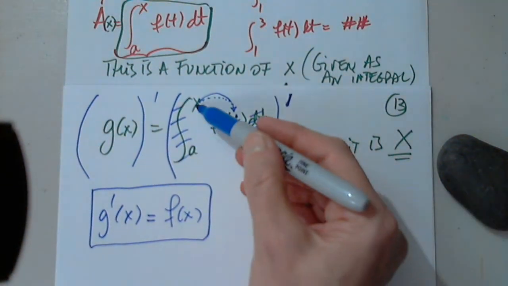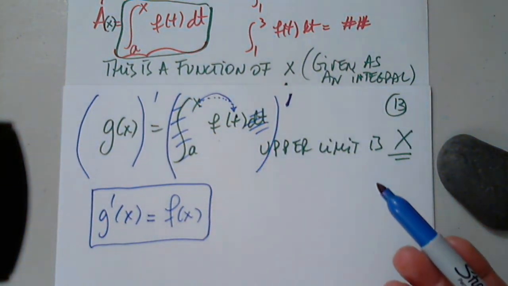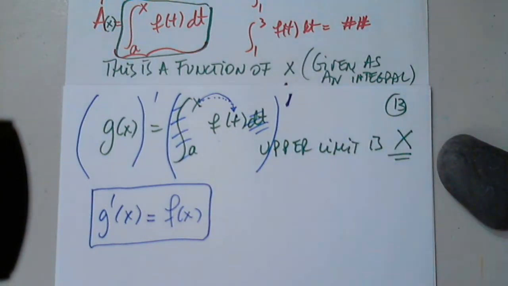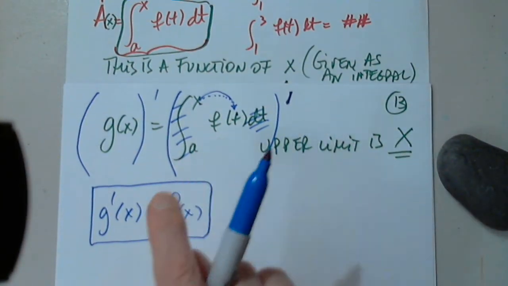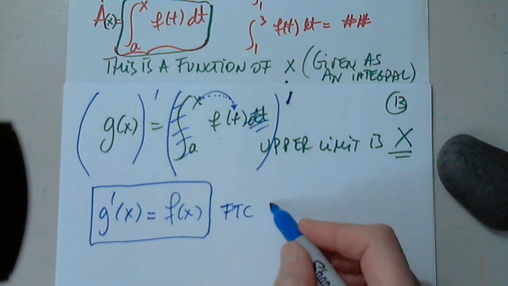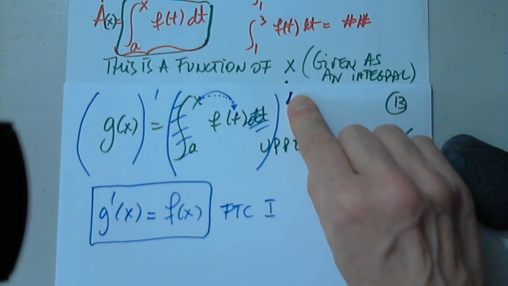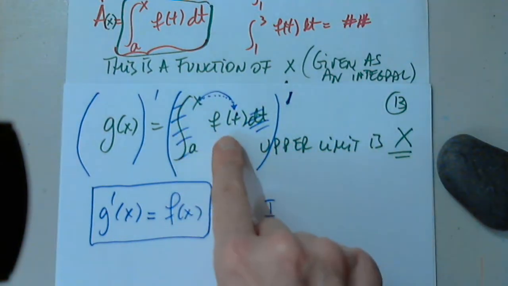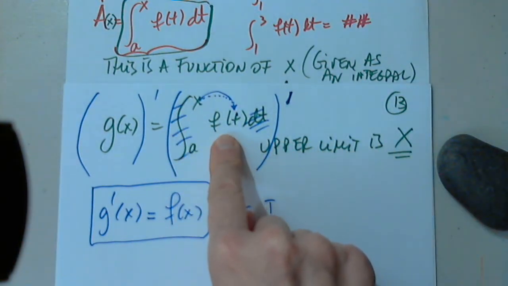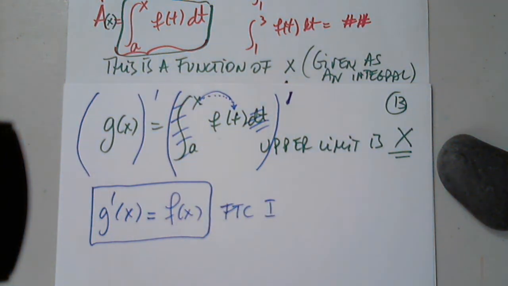I cannot differentiate if I have b, because that will be 0. It's a number when I differentiate it, but this is a function. So this is what FTC Part 1 is teaching us, that if you differentiate an integral, you get the function back. And this is what I said at the beginning of the class today.